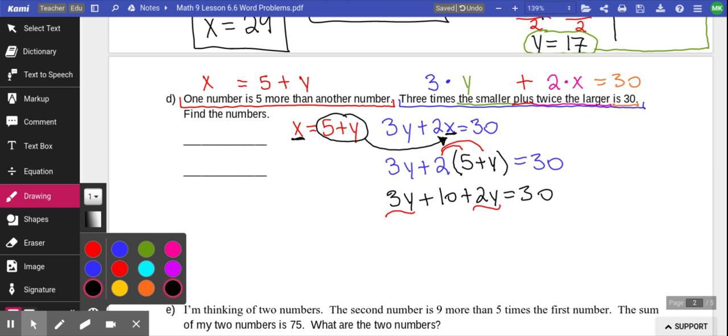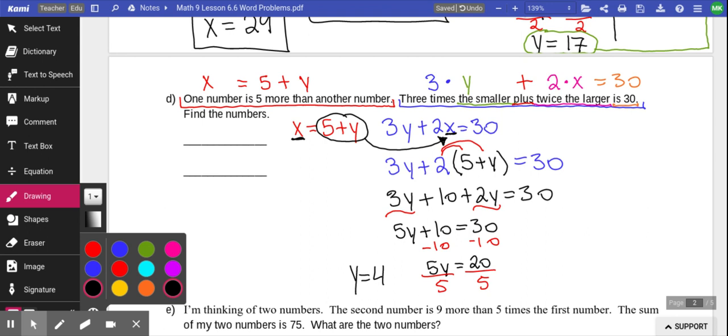That'll give me 5y plus 10 equals 30. I then want to subtract my 10 over. That gives me 5y equals 20. And then I want to divide both sides by 5, giving me a final answer of y equals 4.